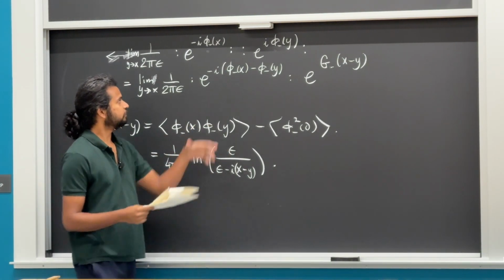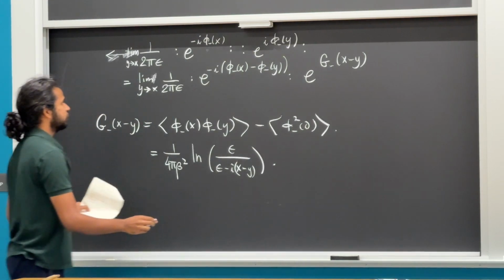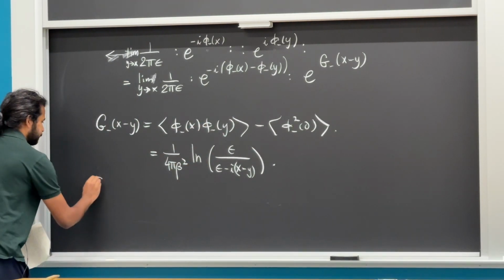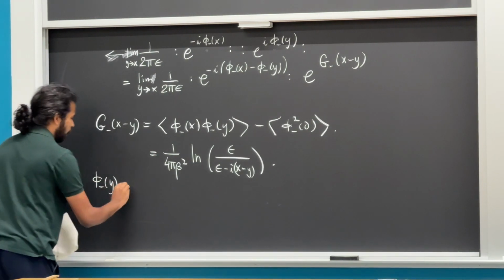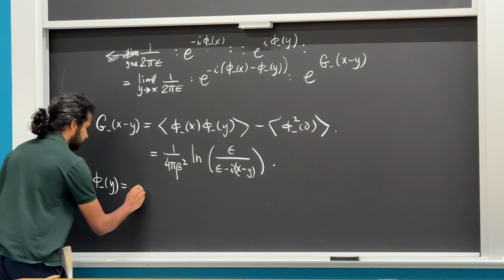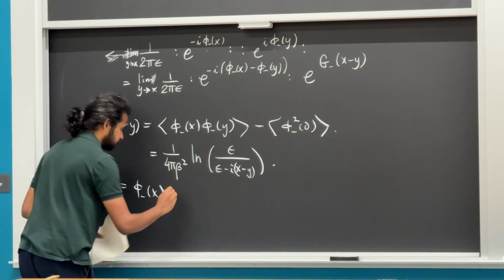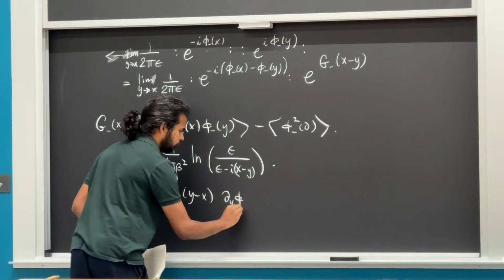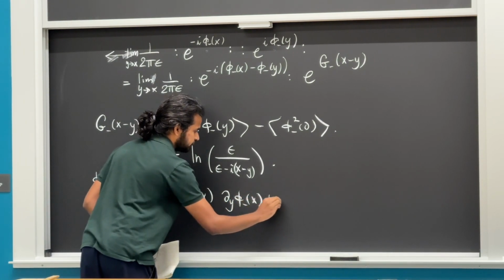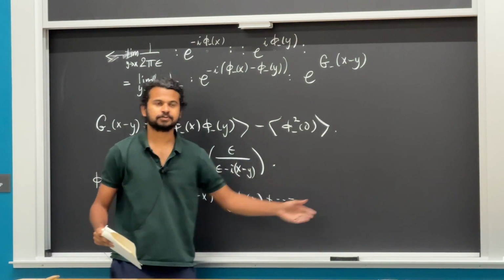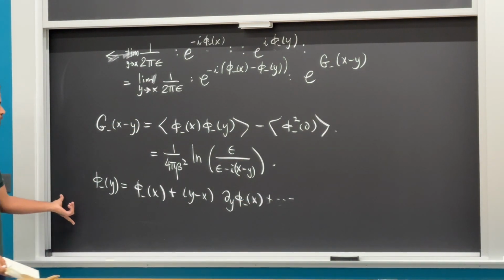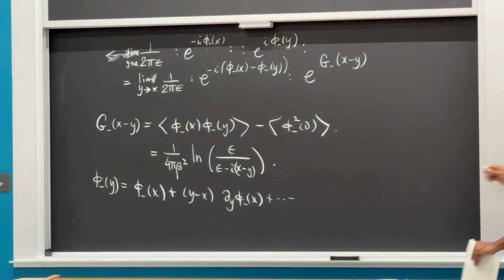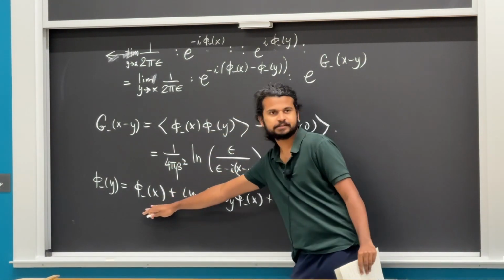So let's plug all of this in. x and y are close to each other, so we will just Taylor expand phi minus at y around x: phi minus at x plus (y minus x) times the derivative of phi minus evaluated at x plus dot dot dot. The dot dot dots are of course going to be neglected. Then from here phi minus cancels.